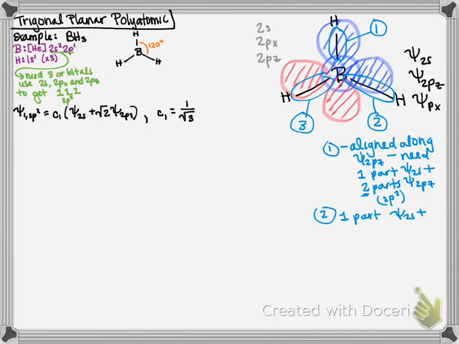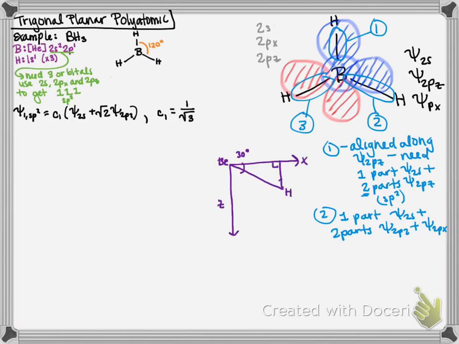And then we need 2 parts of some p orbitals. So what p orbitals might we use if we're going in that direction of 2? It's not directly along the x-axis, nor is it directly on the z. It's in between. So the answer is we use both. We're going to use some of 2pz and some of 2px, and together they should be 2 parts to the 1 part of sp2s.